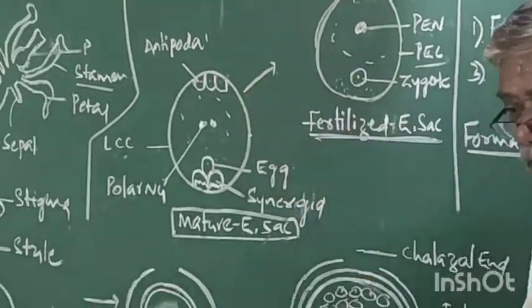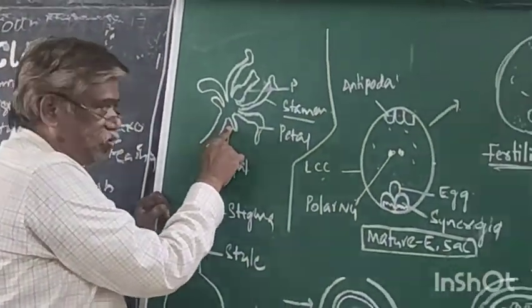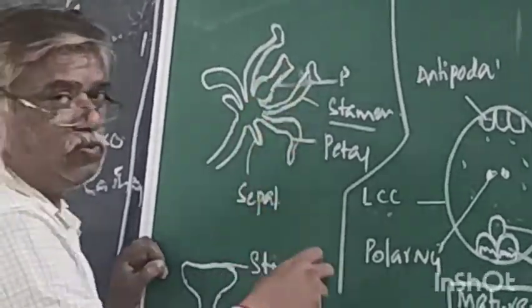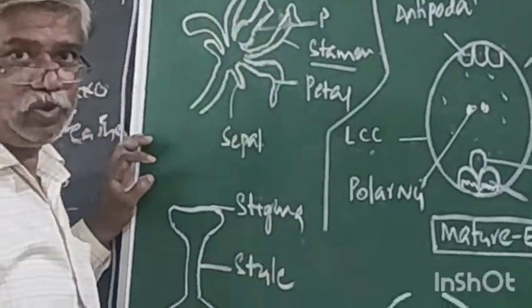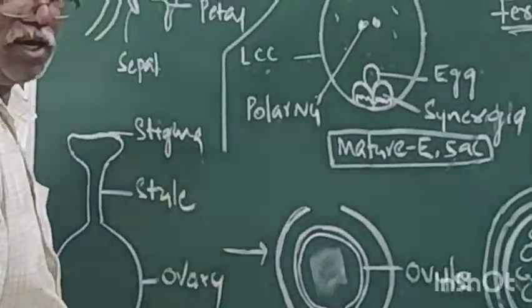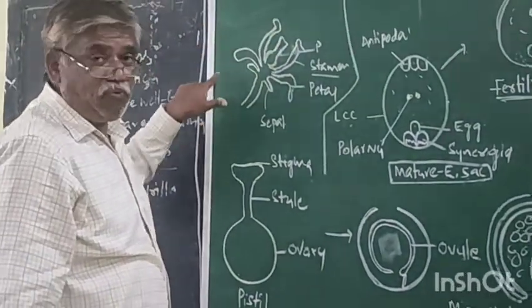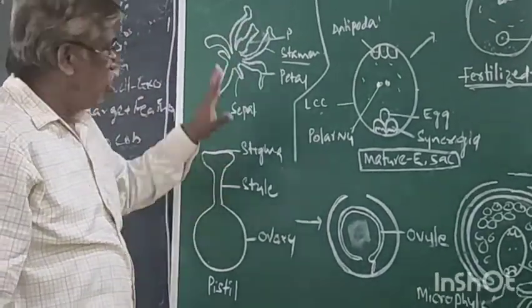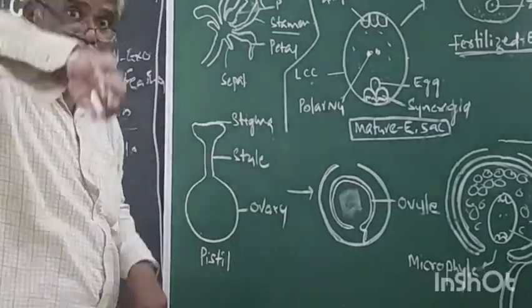All are degenerated. After double fertilization, the sepals, petals, stamens, stigma, and style dry up and wither. That means only the ovary continues to the next generation. In this total flower, which part continues to the next generation after double fertilization?